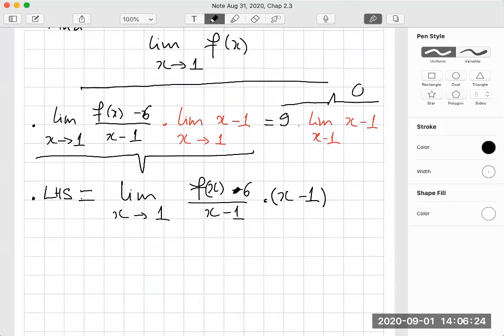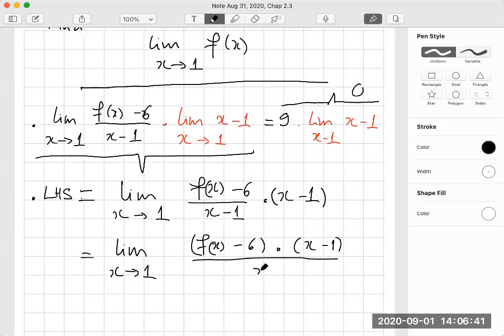Now we see that the product of these is the product of this times x minus 1 divided by the denominator here.